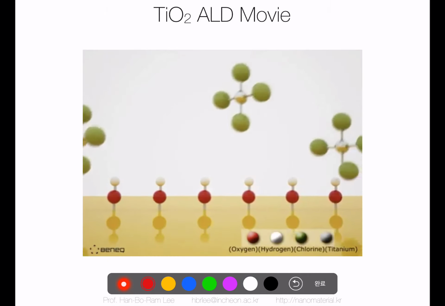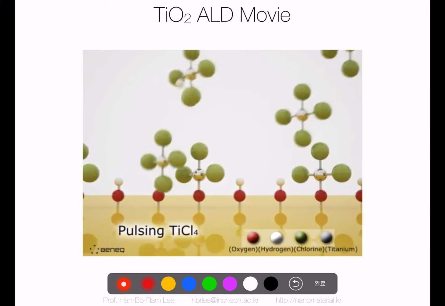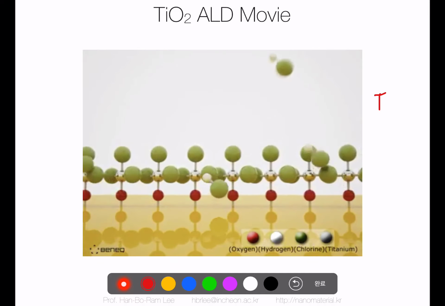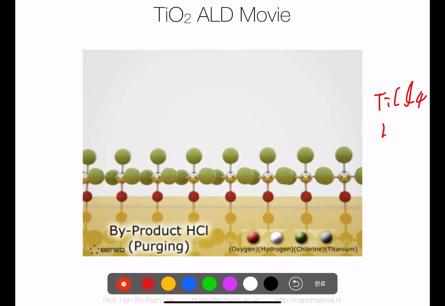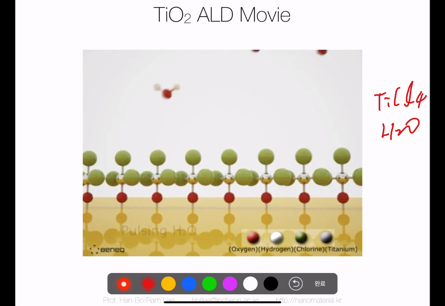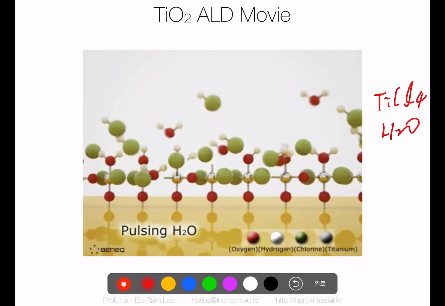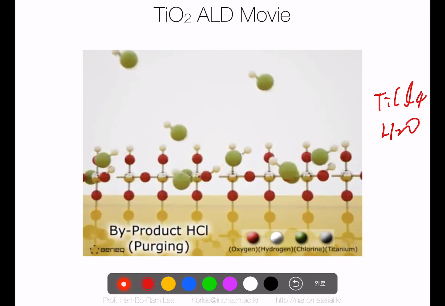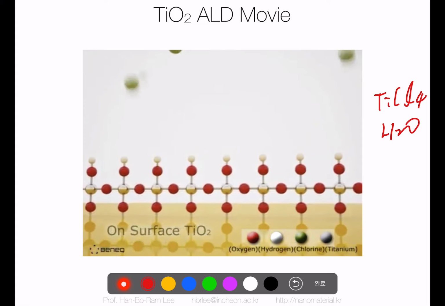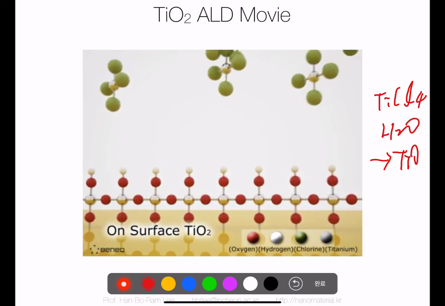This is a very typical ALD movie of titanium oxide. We use the TiCl4 precursor and water as a counter reactant. The TiCl4 adsorbs on the surface and is purged out, and then water comes in and oxidizes the TiCl4 to TiO2.